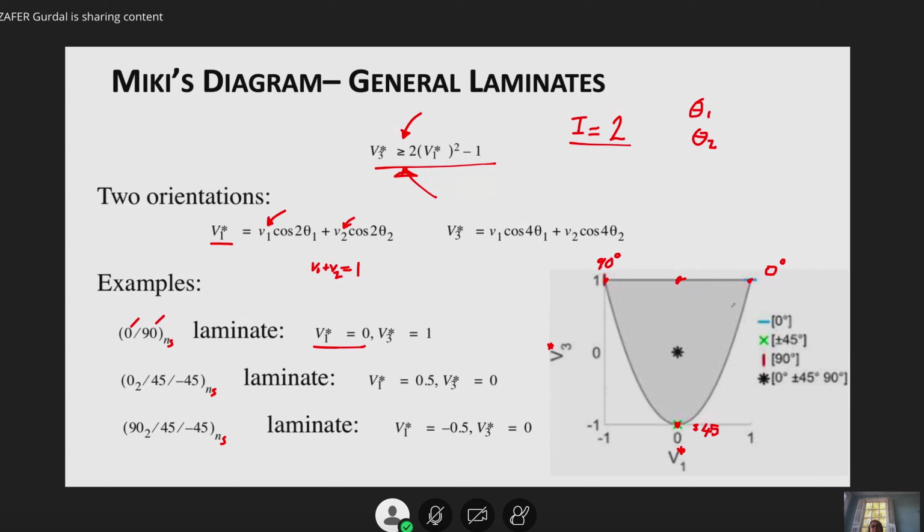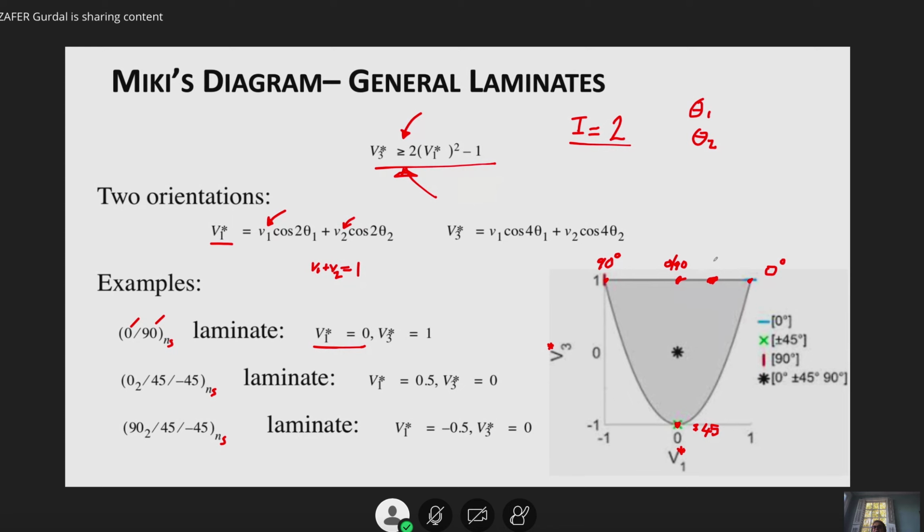Now, if your laminate somehow had 3 plies of 0 and 1 ply of 90, then the relationship is linear. You're going to get this point partway between 0 and 90.